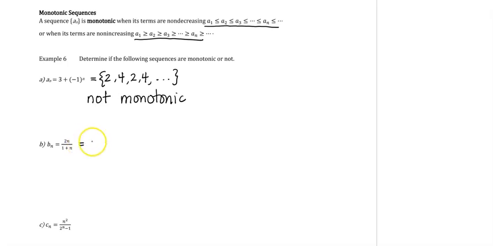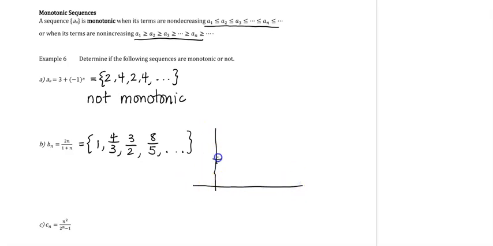If I were to take a look at the terms of the sequence b sub n, we would have 1 when n is equal to 1. When n is 2, we get 4/3. When n is 3, 3/2. When n is 4, 8/5, and so on and so forth. So if I were to think about the values of what this sequence is doing, let me draw a rough visualization here.